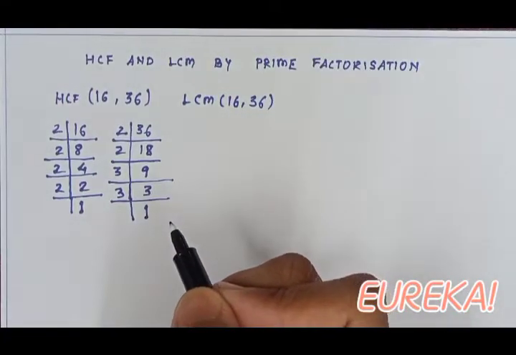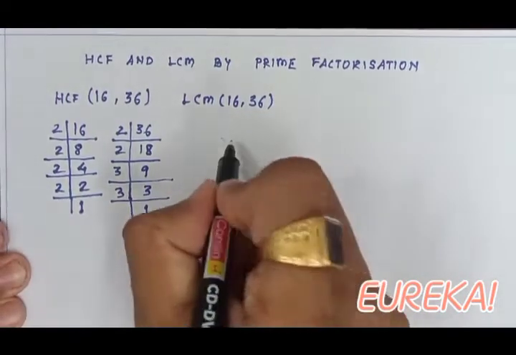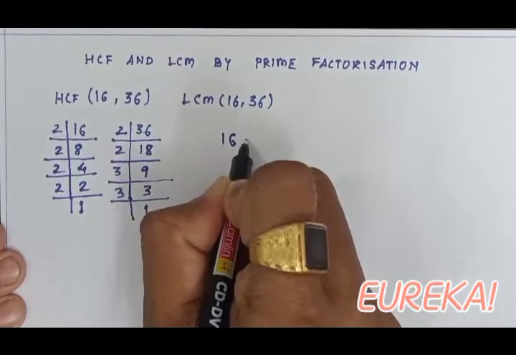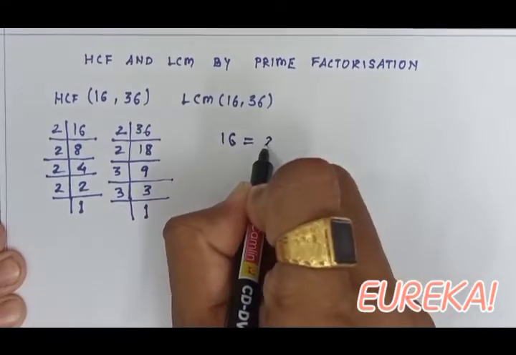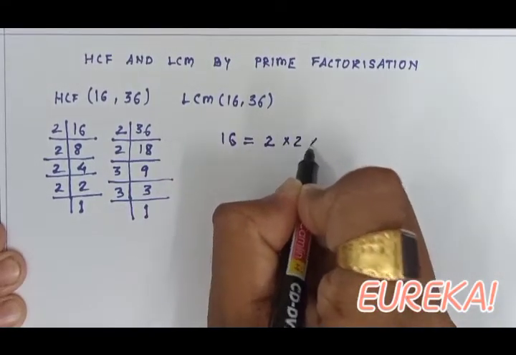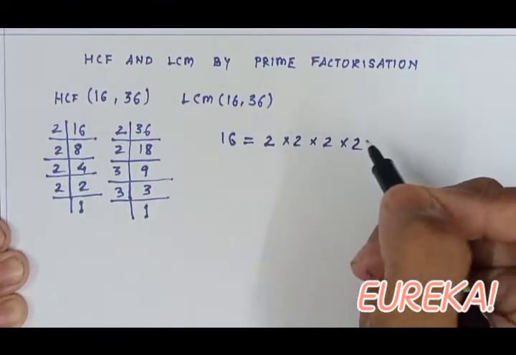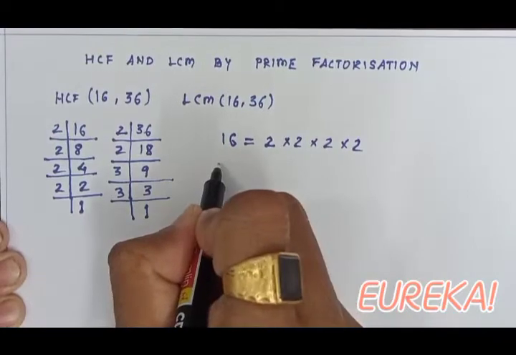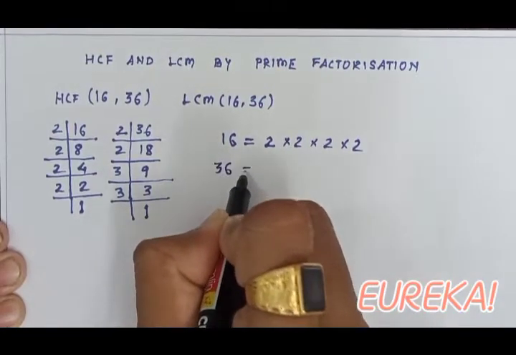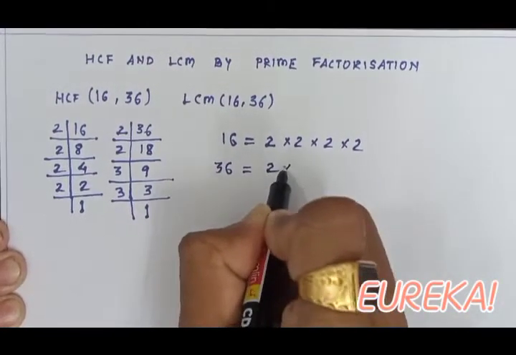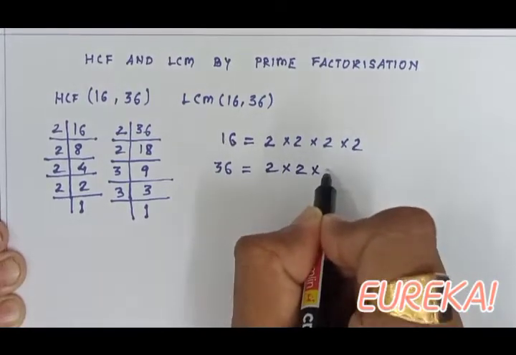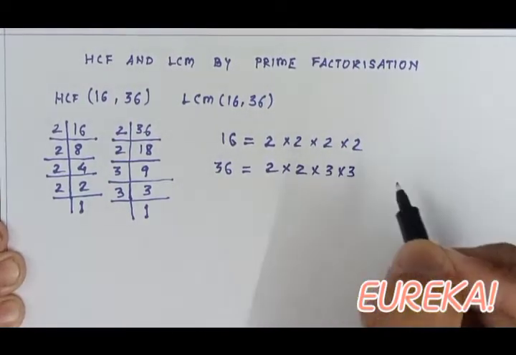Okay, now we can write this factorization as 16 equals 2 into 2 into 2 into 2, and 36 as 2 into 2 into 3 into 3.